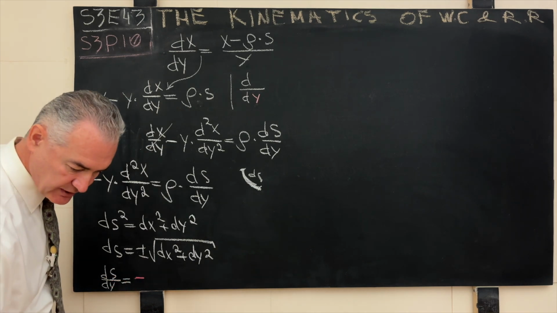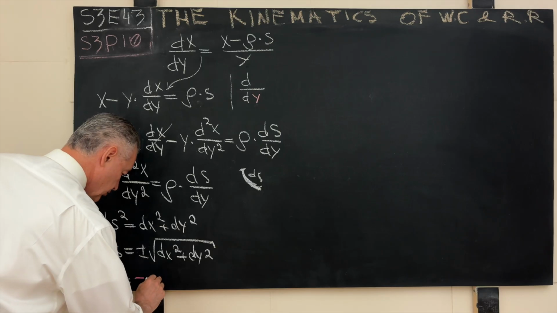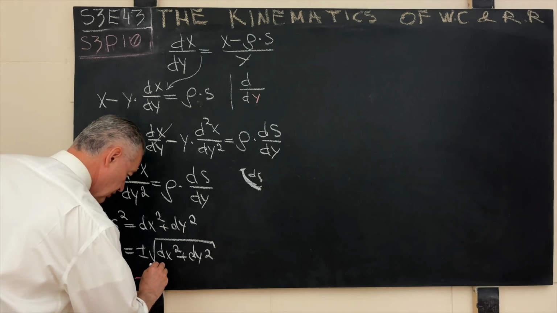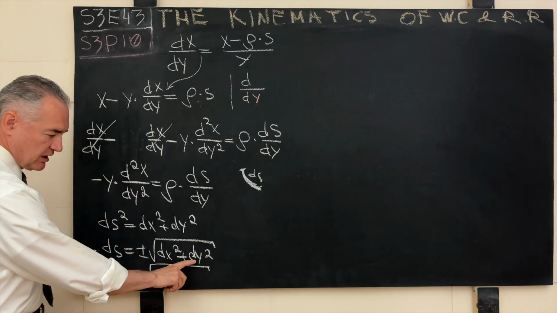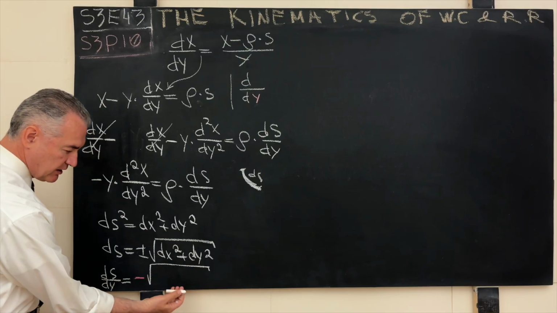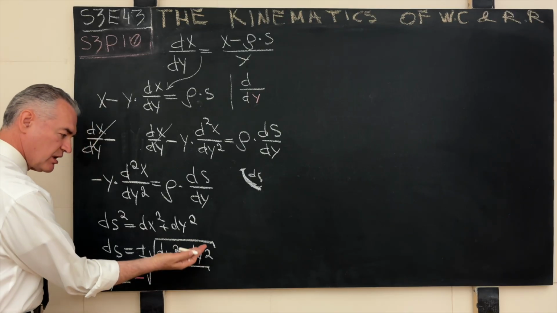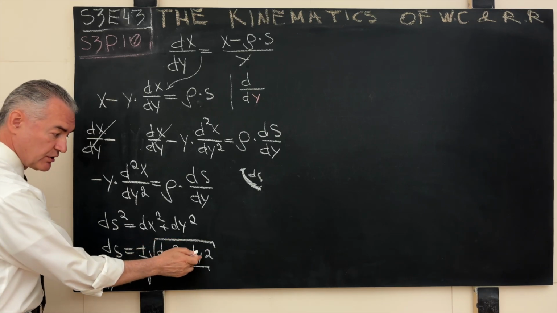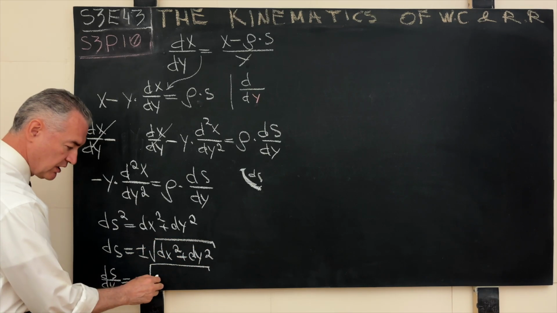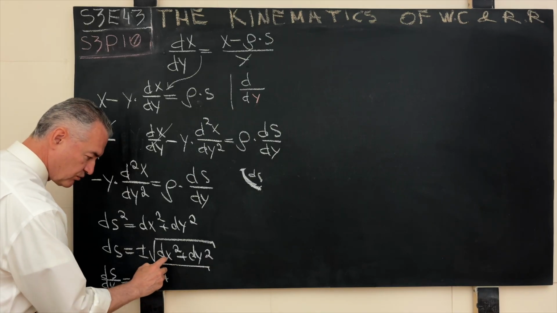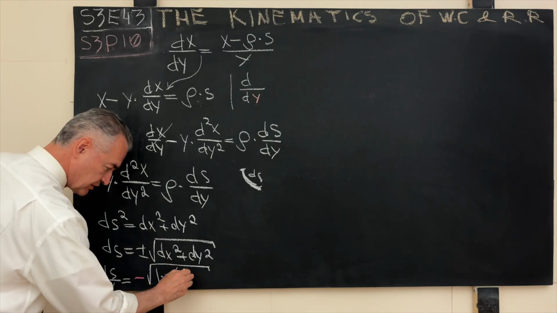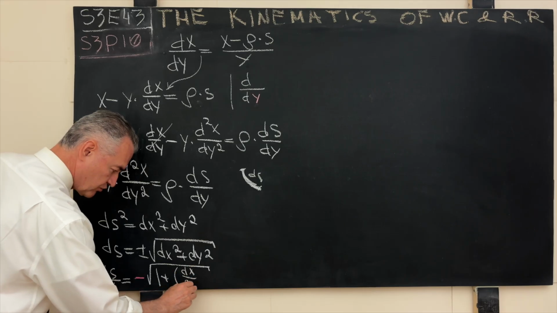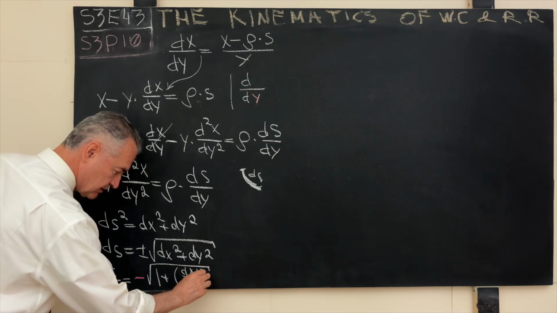The correct sign to take is minus. And here it will be the square root of what? Once we move dy from the numerator into the denominator of the square root, we will have to square it. So dy squared over dy squared will be what? 1. 1 plus, and then what do we have? The ratio of squares. dx over dy squared.